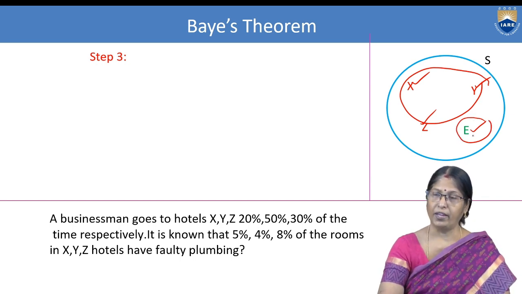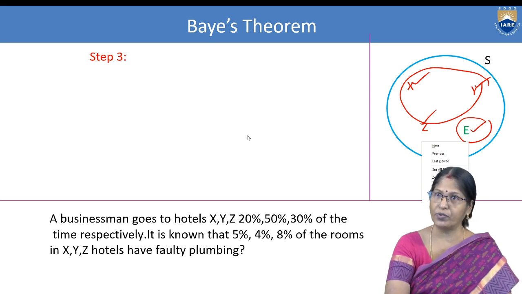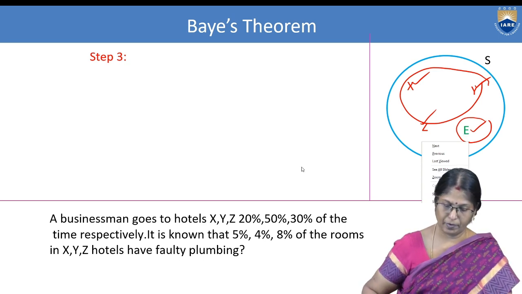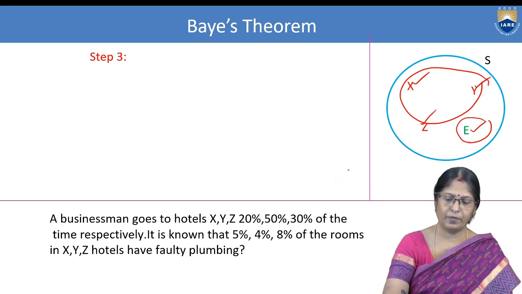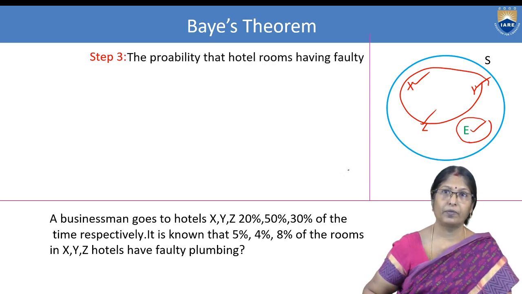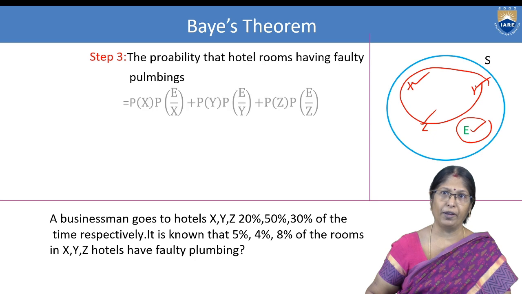Both combined give the total probability of the faulty event, faulty plumbing, that will be there in step 3. So we can see it. Yeah. The total probability that the hotel rooms have faulty plumbing.